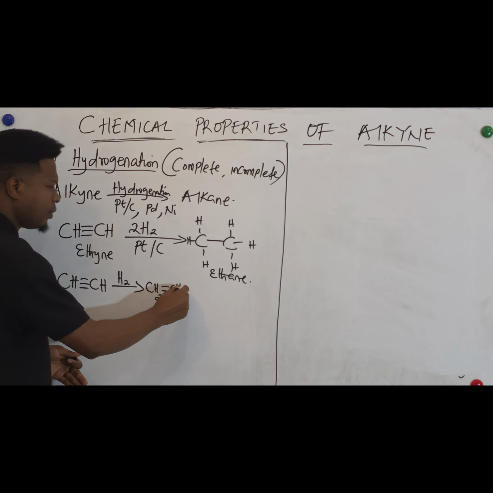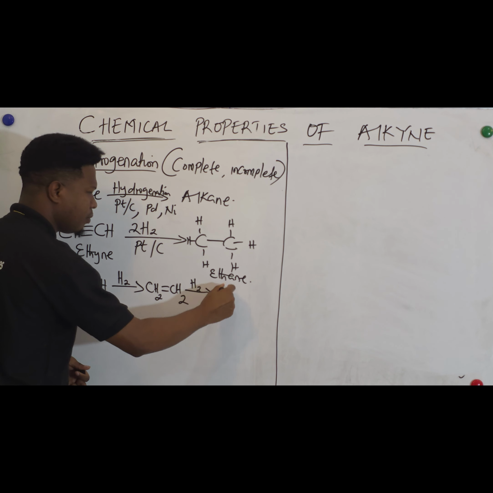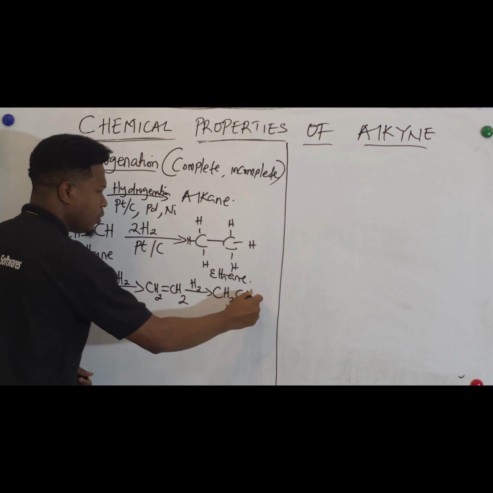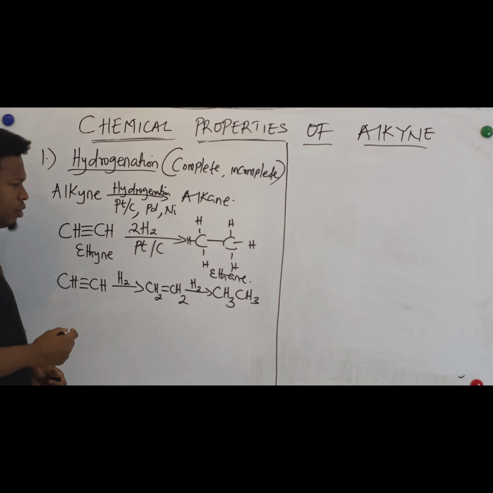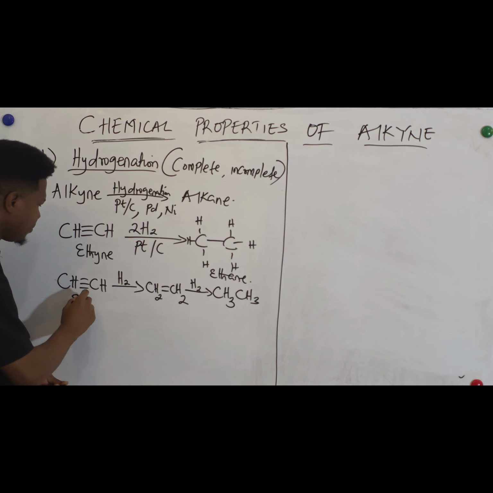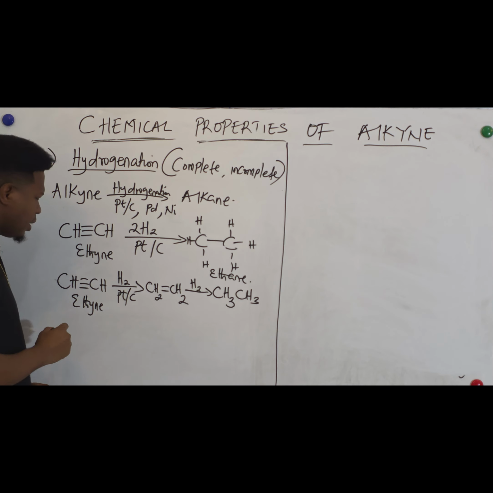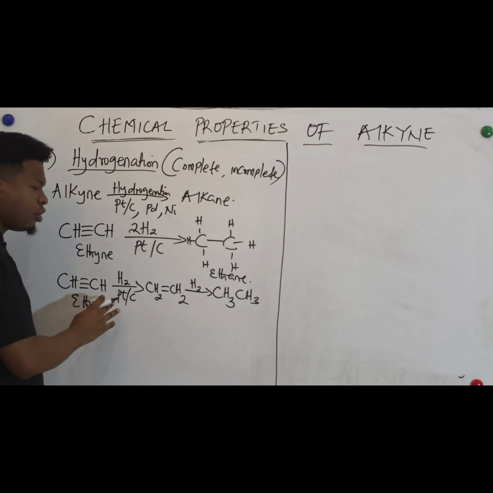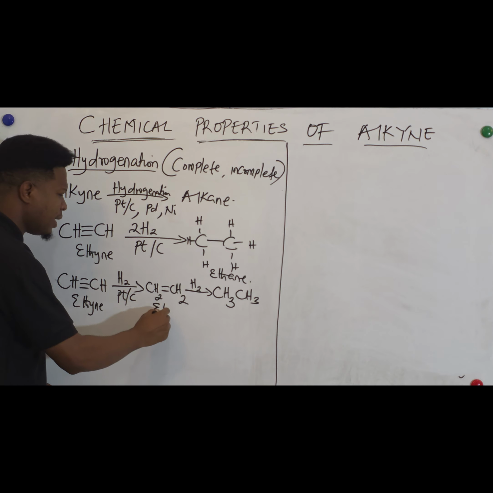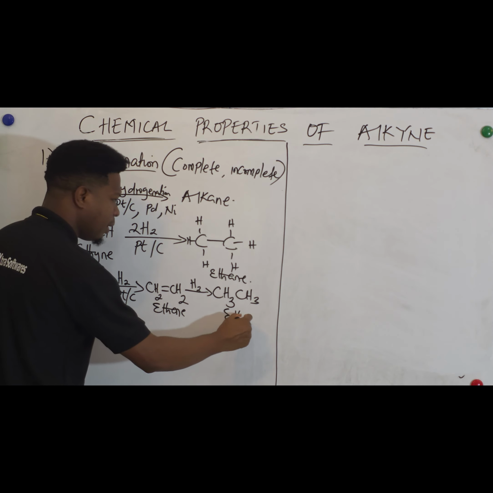The second one will now form this. So hydrogenation, if it is incomplete or partial, means that it must stop at the alkene. Remember, this is the ethyne, and your catalyst here is still platinum. If you hydrogenate the first one, it gives you ethene. The second one will give you what? The ethane we are talking about.